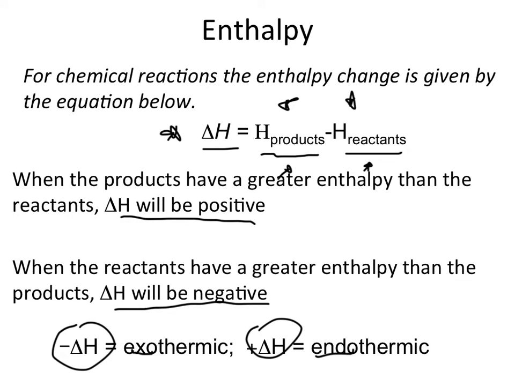Also, usually there's very little work associated with any changes of products, so you don't have to worry about that pressure volume work aspect. So this correlation of delta H values and the exothermic or endothermic properties of the reaction works for the majority of times that you're doing reactions in chemistry.